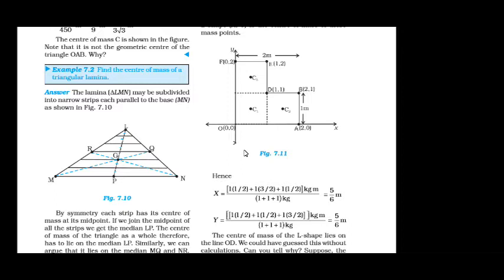So the x coordinate will be, you have to apply the basic formula, m1 x1 plus m2 x2 plus dot dot dot mn xn upon m1 plus m2 plus m3 dot dot dot mn. Just put this formula here, find the value of X and find the value of Y.